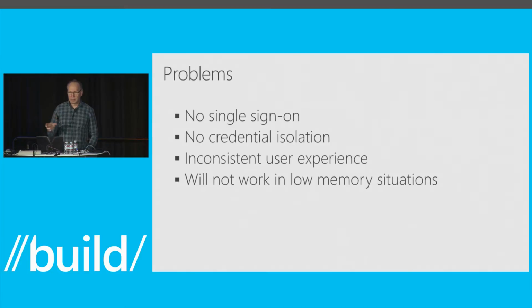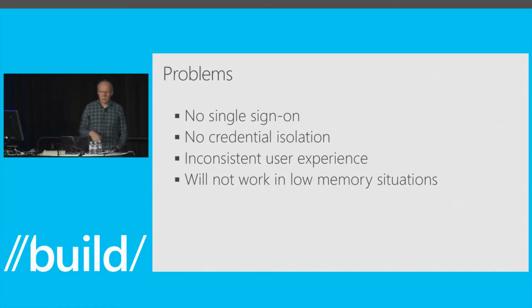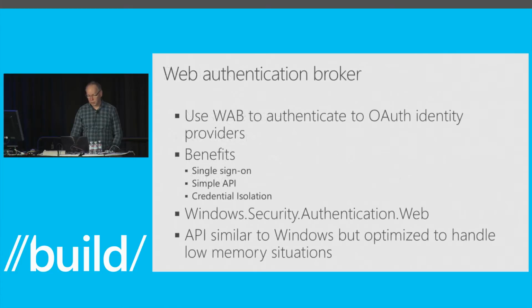And because every developer did their own thing, the user experience ended up being inconsistent in some cases. And something that's really important for phone is that it's really not predictable in low memory situations. I'll get back to the low memory piece. That's something we worked on a lot.